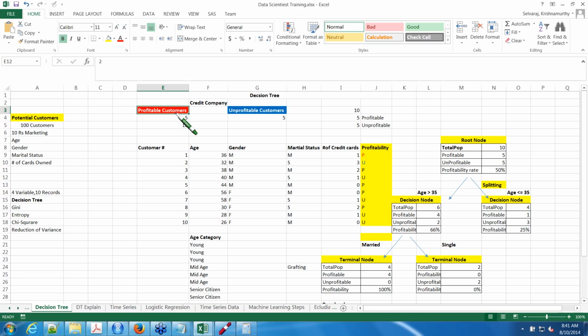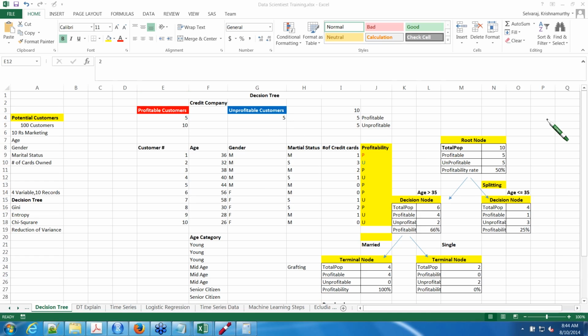That is my requirement. So I need to classify whether the customer will be profitable or unprofitable. Based on the classification, only if the customer is profitable will I go and market my credit card. So I want to find out whether the customer will be profitable or not, if the business requirement is clear.